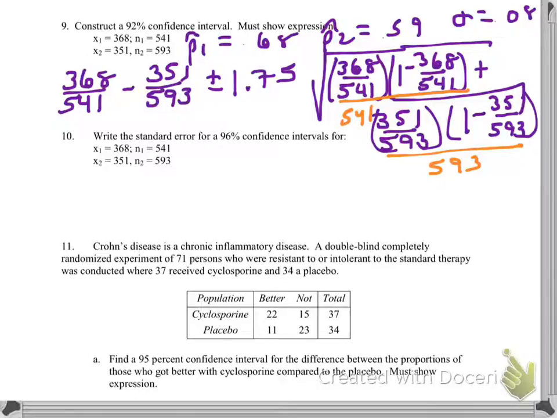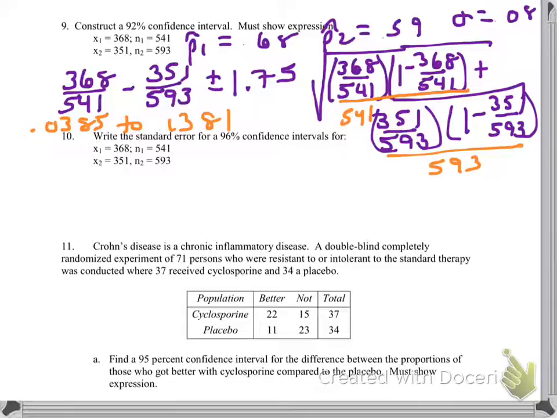And my interval is going to be 0.0385 to 0.1381. All right, we don't have a word problem, so I can't write a conclusion. So that is my answer.